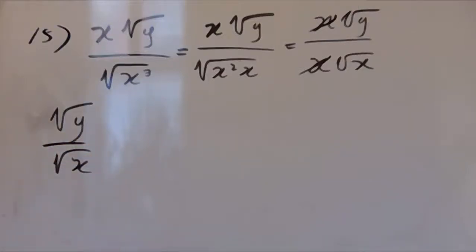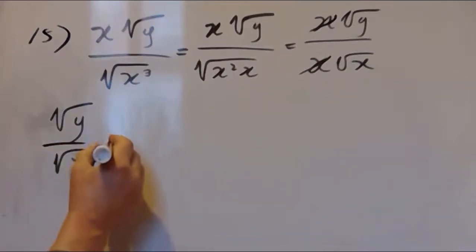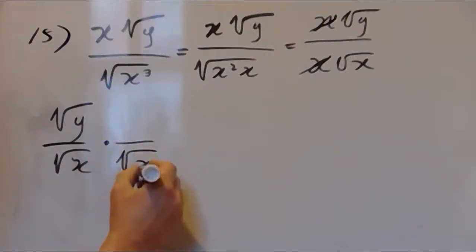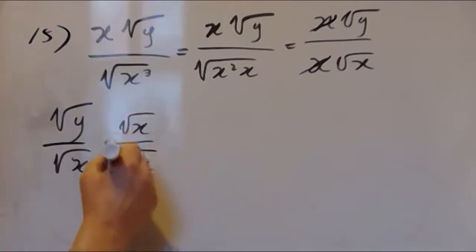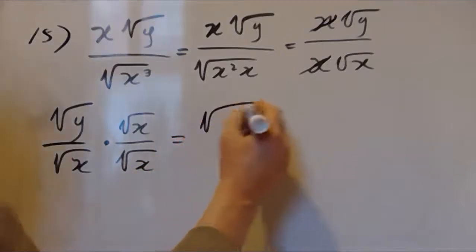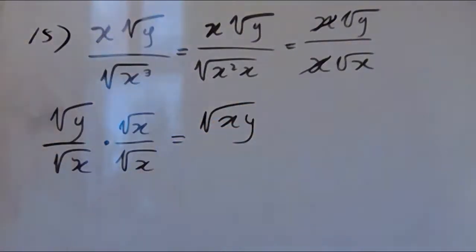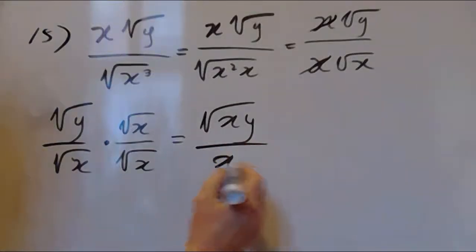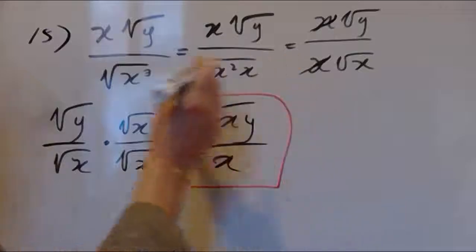And of course, we can't leave it like that. As I said in one of the earlier lectures, we have to get rid of the radical sign on the bottom, and we do that by multiplying the top and the bottom by square root of x, so we end up with square root of xy all over x, and that becomes our final answer.